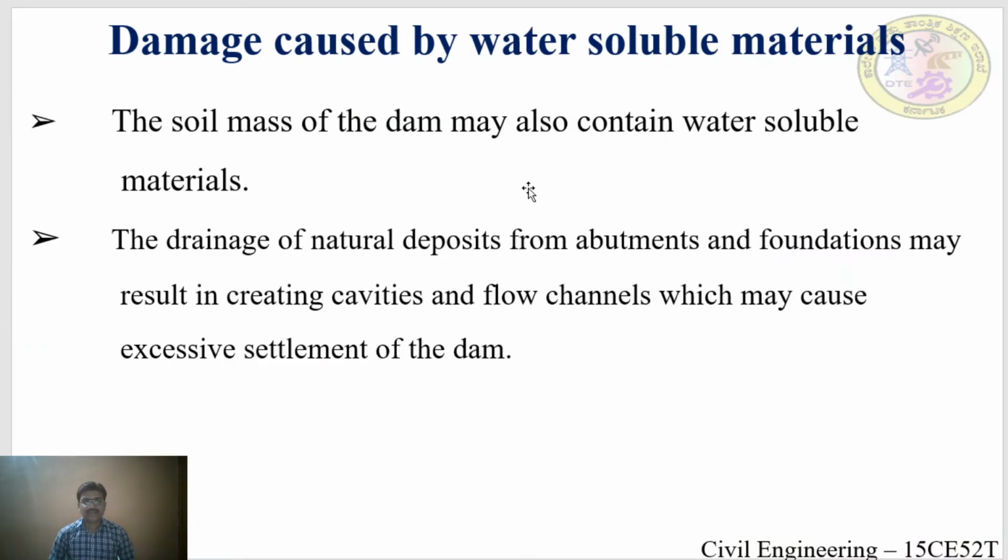Now, damage caused by water soluble materials. The soil mass of the dam may also contain water soluble materials. The drainage of natural deposits, either from the abutments or from the foundation of the dam, may result in creating cavities and flow channels which may cause excessive settlement in the dam.